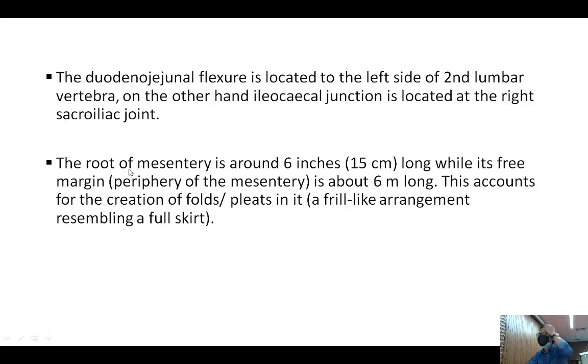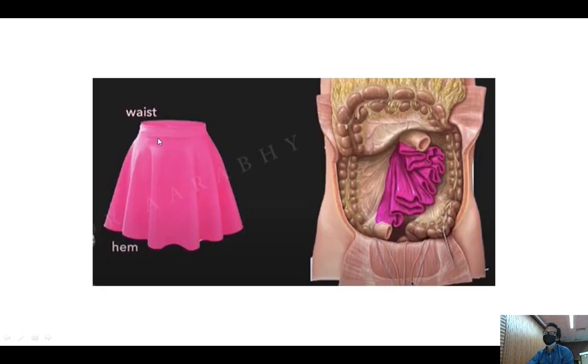So the root of the mesentery is 6 inches or 15 centimeters long, while its free end is about 6 meters long. Okay, the root is only 15 centimeters. Imagine a 15 centimeter scale. That's it. And this one is 6 meters long.